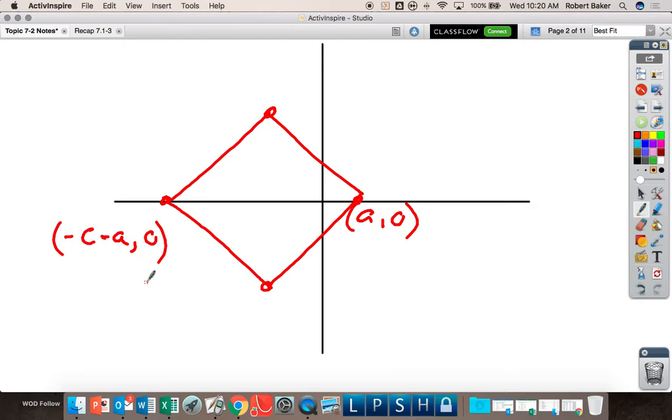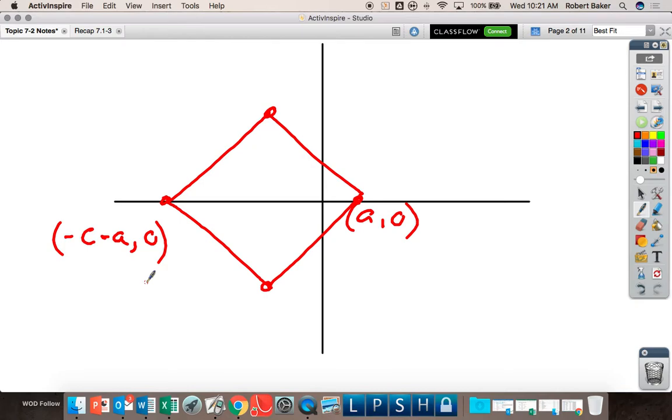So you're saying that this distance is c long, right? Wait, does that make sense? Oh, I messed up. Oh, you're good. So I'm trying to think through it. You go over c units, and you take a away from that, right?